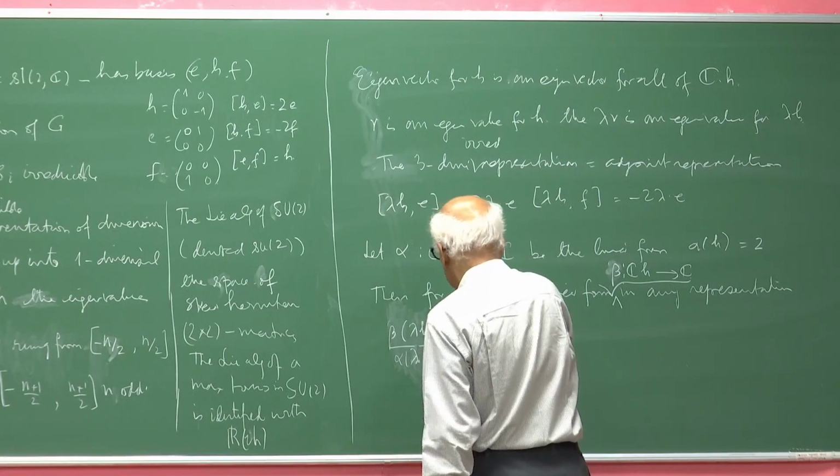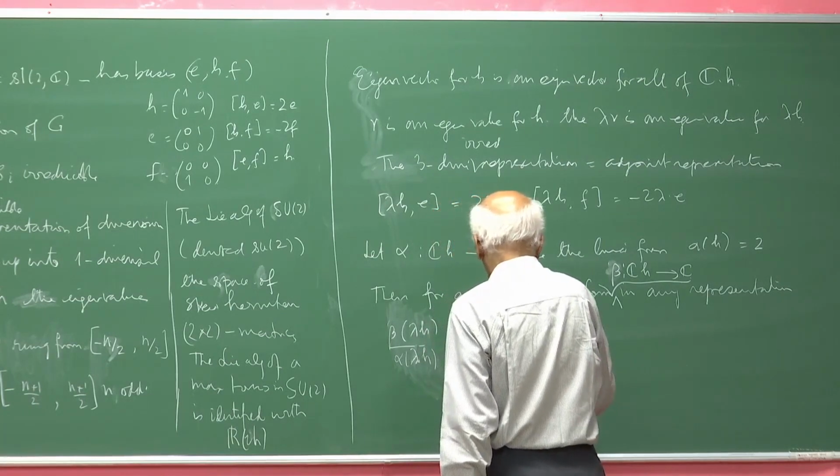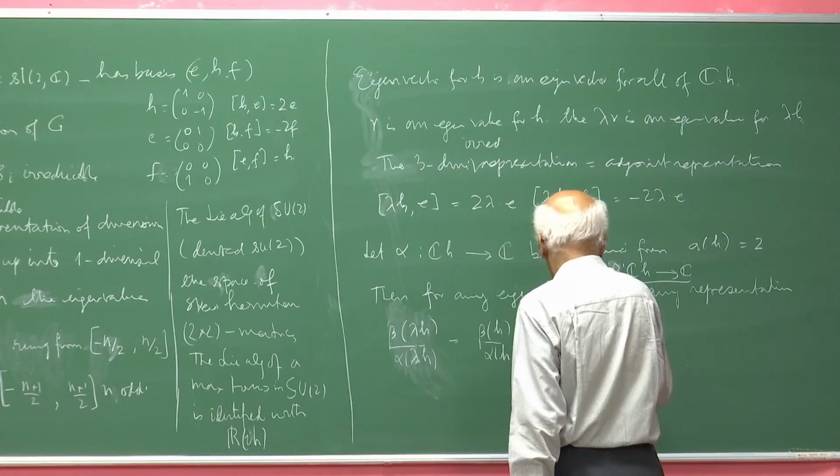If I look at this, it is beta H by alpha H, which is the same thing as beta H by 2.